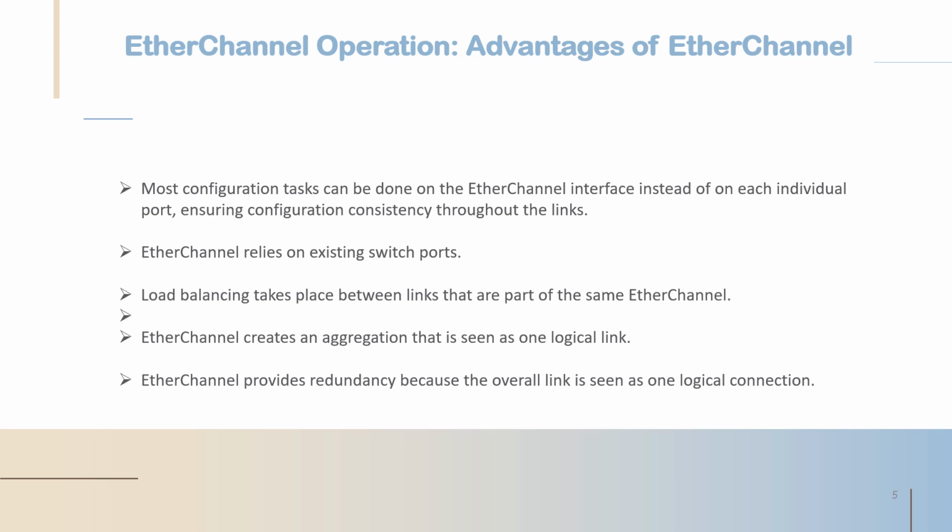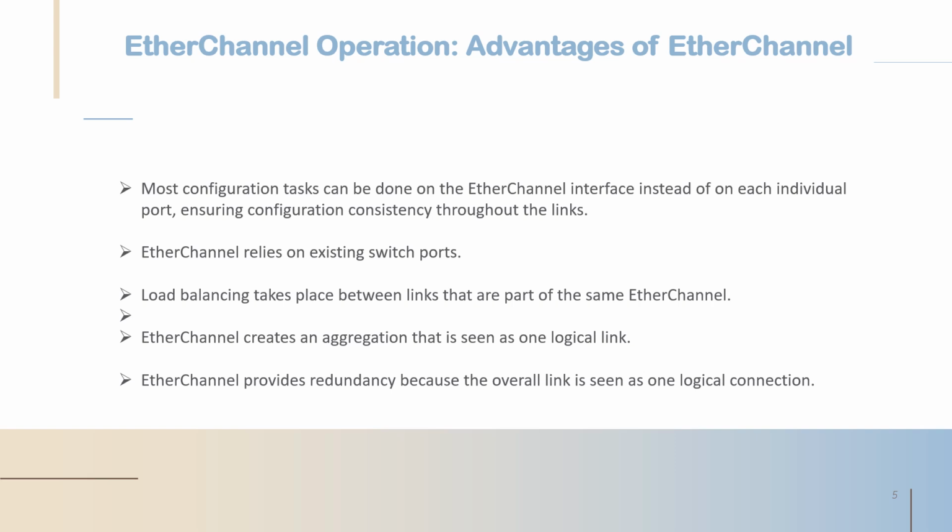Load balancing takes place between links that are part of the same EtherChannel, which means that depending on the hardware platform, one or more load balancing methods can be implemented. These methods include source MAC address and destination MAC address load balancing, or source IP and destination IP load balancing across the physical links.